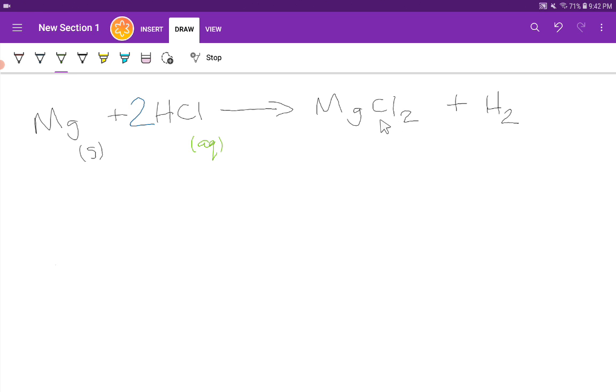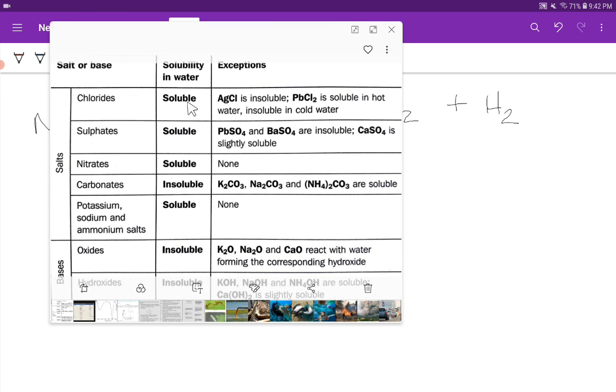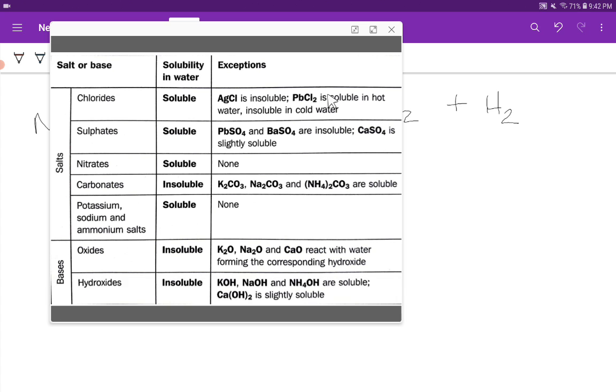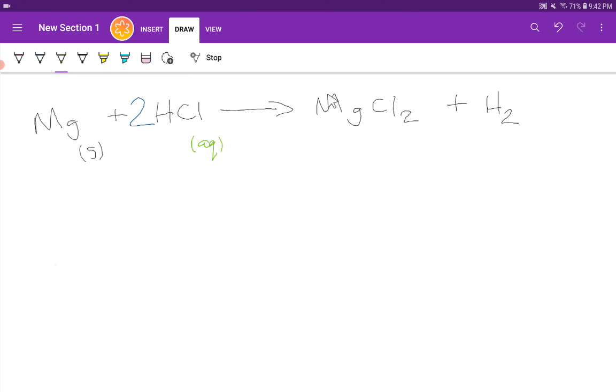Magnesium chloride, we need to check the solubility for chlorides. All chlorides are soluble except for silver, lead. So our magnesium chloride is going to be aqueous, and hydrogen is a gas. And you would have a list of some of the more common gases, so you can refer to those.